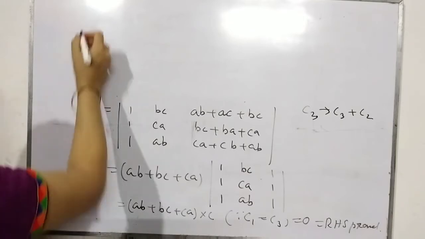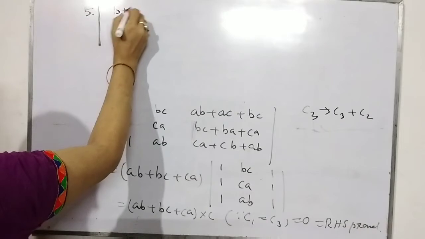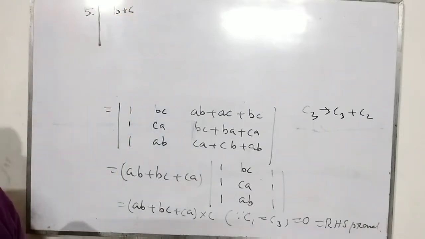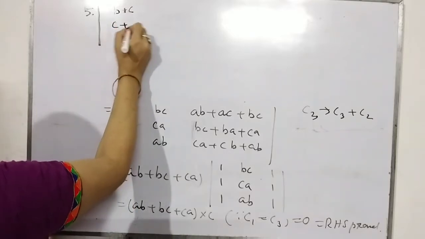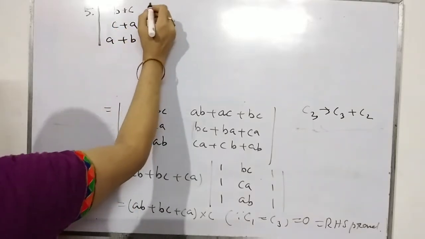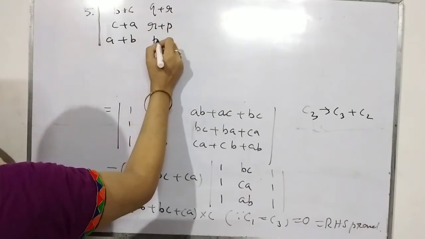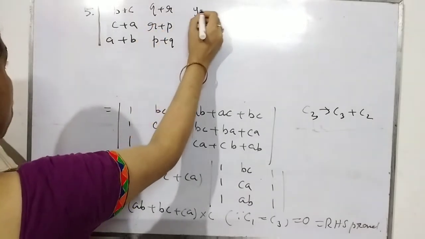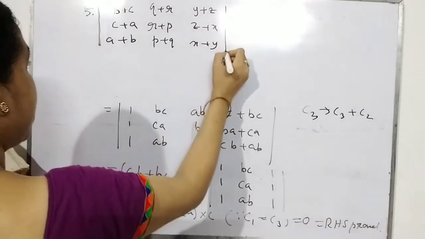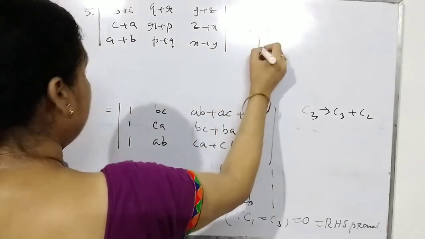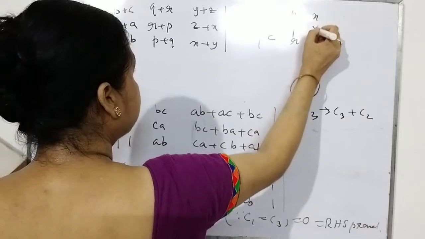Your question number 5 is: B plus C, C plus A, A plus B; Q plus R, R plus P, P plus Q; Y plus Z, Z plus X, X plus Y. The right hand side is 2 times the determinant of A, B, C; P, Q, R; X, Y, Z.